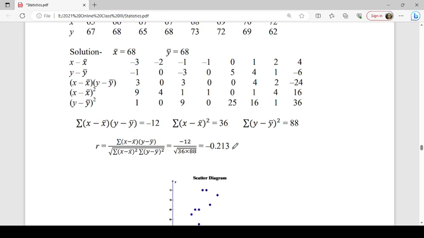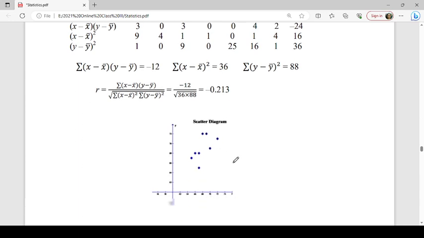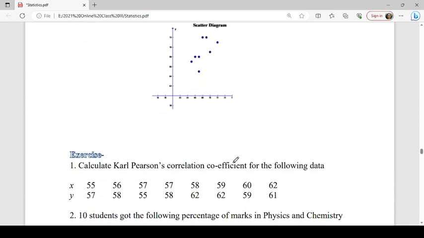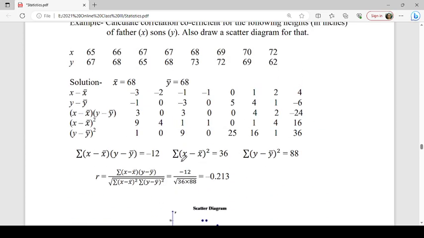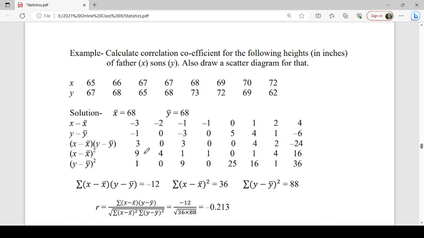So this is negative correlation, means when x increases, y decreases. So that is negative correlation. And like this example, we need to solve this one.